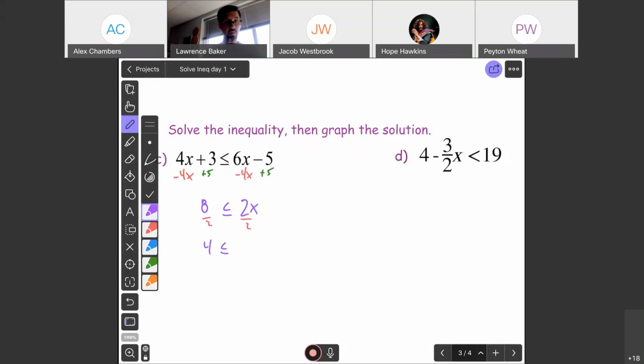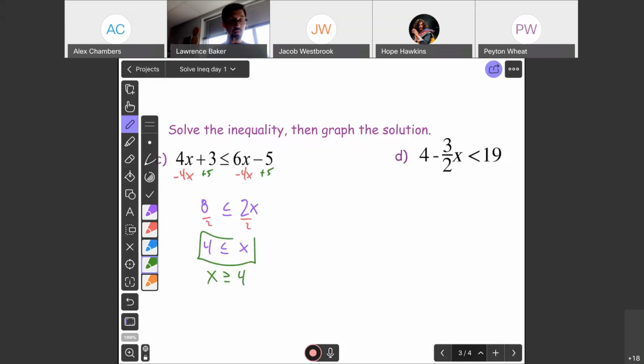So here we're in that situation where now for me, it's written backwards. I don't like this. And if I was going to graph this, I think there's a good chance that if you don't move it around, you guys might make a mistake when you go to graph it. So just being aware that I would prefer to have it this way, and then I'm going to have a better chance of getting it graphed correctly if I do that. That's my personal opinion. If you guys want to leave it this way, it's fine.